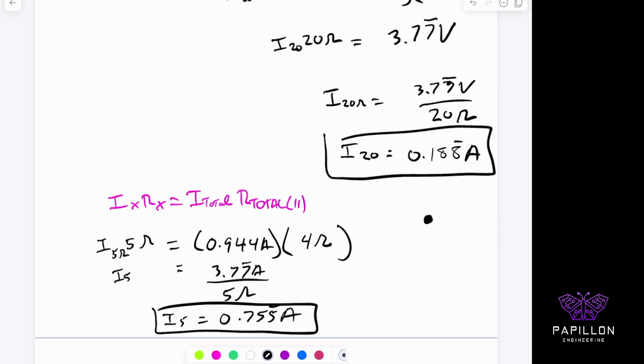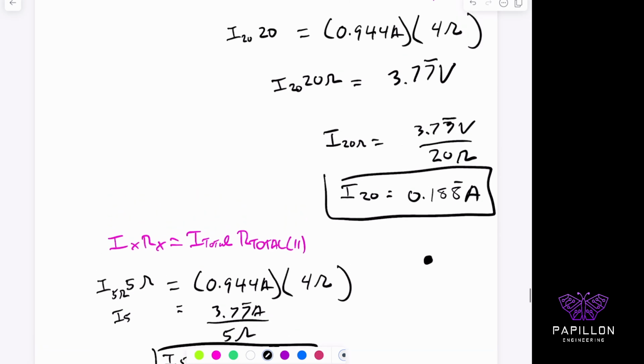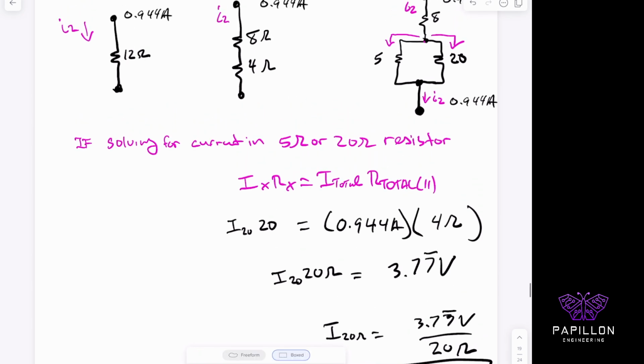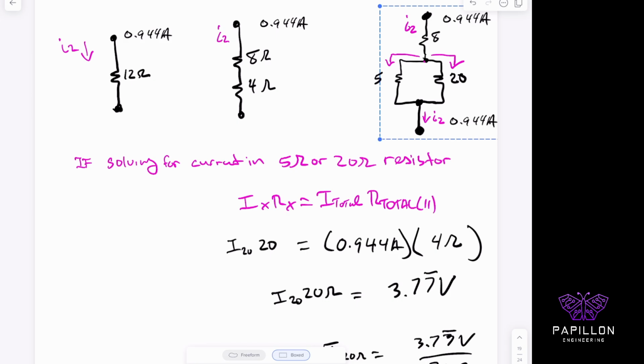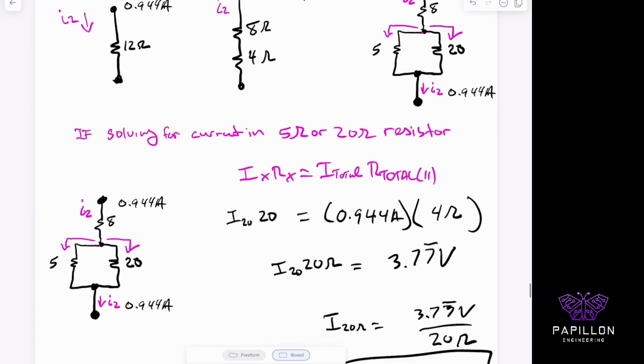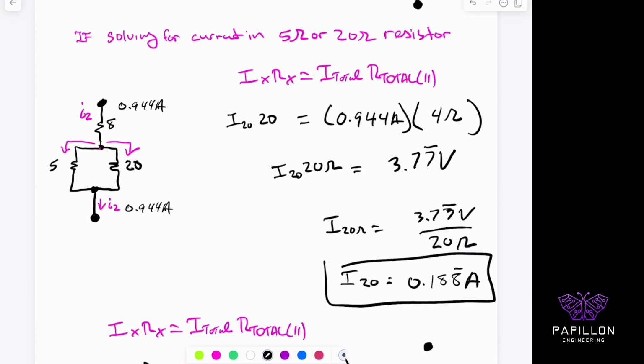Why, again? Because if I drew the node itself, well, I don't have to redraw, it's already here. So let me copy and paste this over here so you can see it one more time. Copy, paste. So our values, our solutions, mathematically are that we got 0.188 amps repeating on this side, okay?